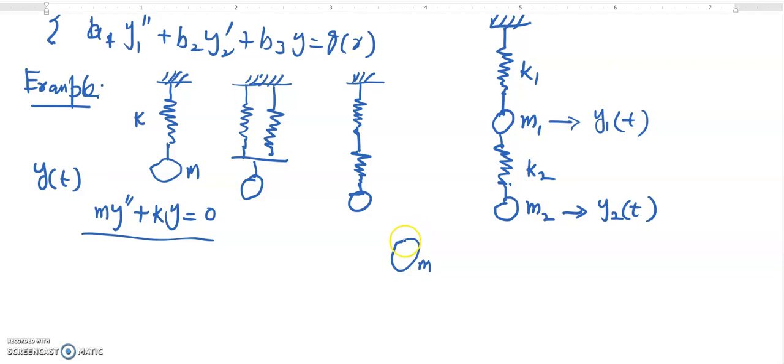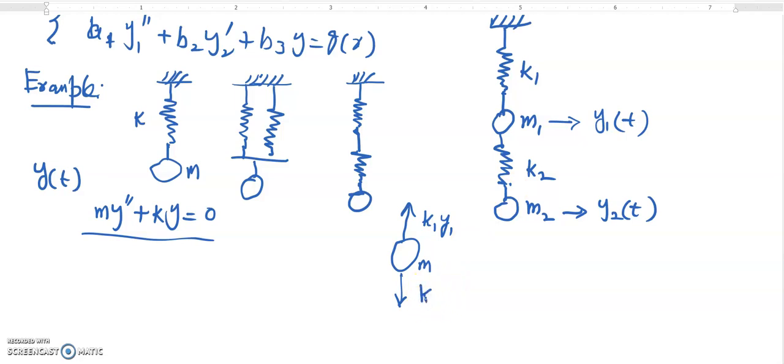There will be an upward force, which will be equal to k1 times the extension y1. Suppose this mass moves by a distance y1. Then for the downward force, there will be the extension or compression in spring k2 by y2.